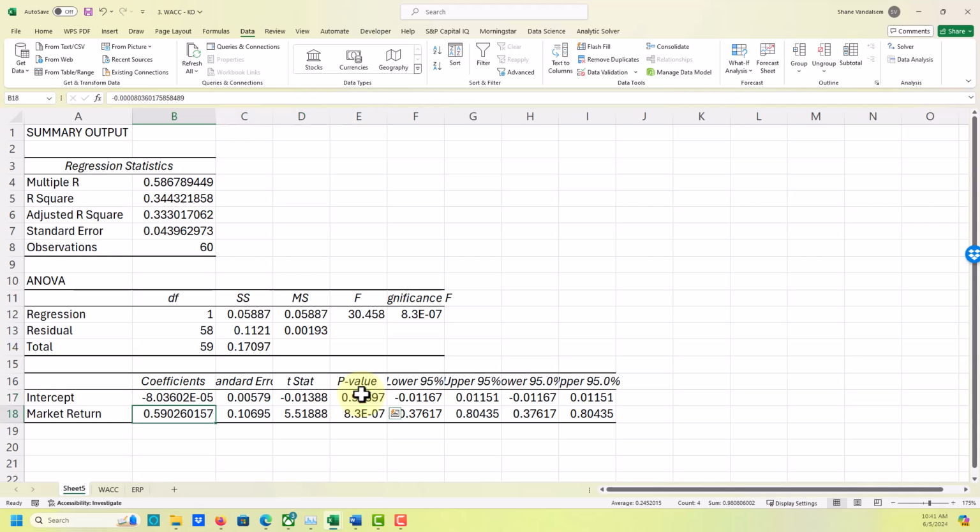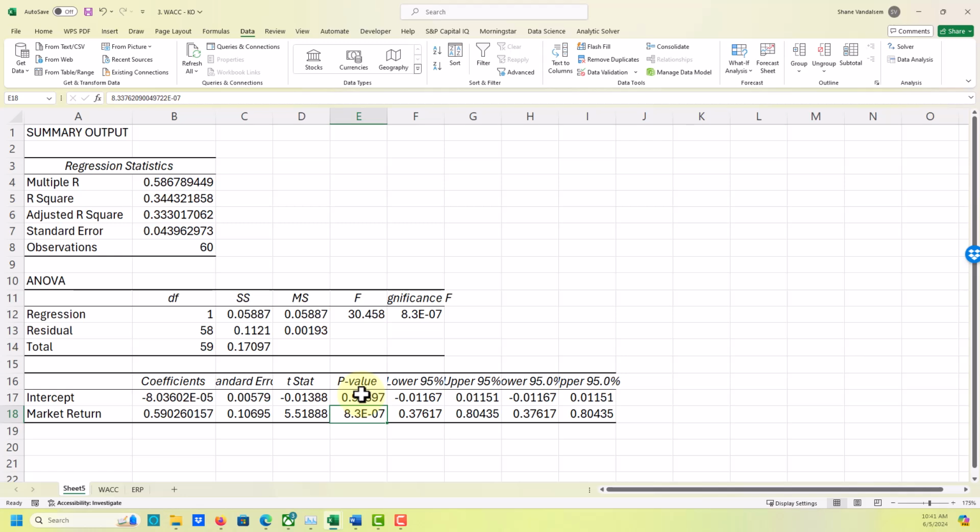The coefficient on the market return is 0.59026, and we're just going to round that to 0.59. The p-value is 0.0000008, so it is much less than 0.05, and that's kind of what we're looking for there.